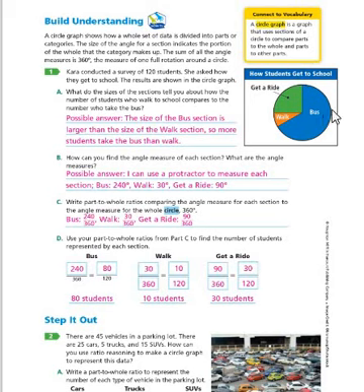I can see that the number of students using the bus is taking the most area, the largest section, which is the blue. The number of students going to school by walking is taking the smallest section, which is the orange one.